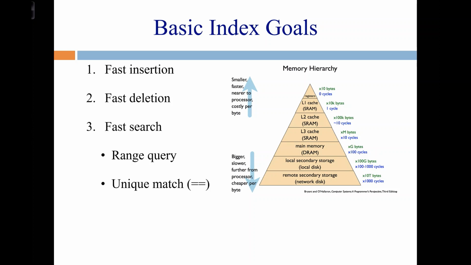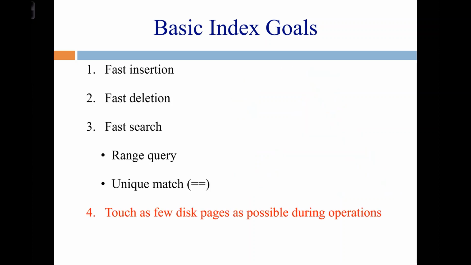So while we're performing these operations, insertions and searches and so forth, we need to bring part of the data structure into memory at a time, which means we need to go out to disk possibly multiple times while traversing through this tree. So the fourth criterion on an index structure is we should touch as few disk pages as possible during these operations: insertions, deletions, and searches.